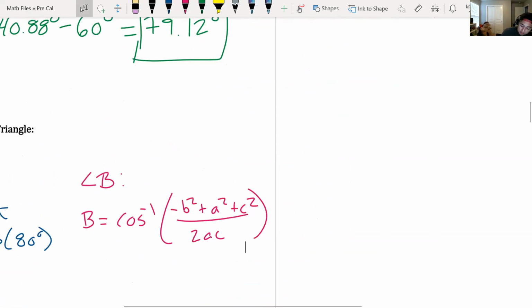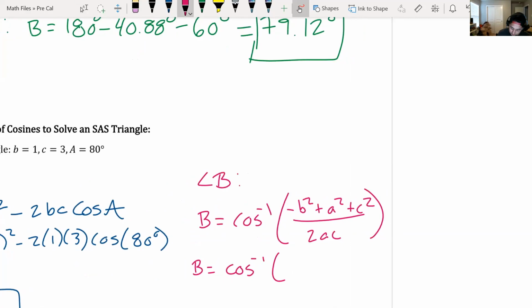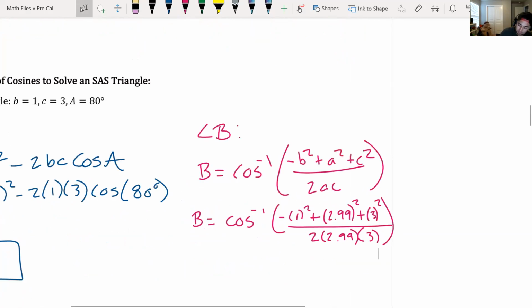Plug in what we need. B is the inverse cosine of, what do we have? Negative 1 squared plus A, which is 2.99 squared, plus C, which is 3 squared over 2 times 2.99 times 3.